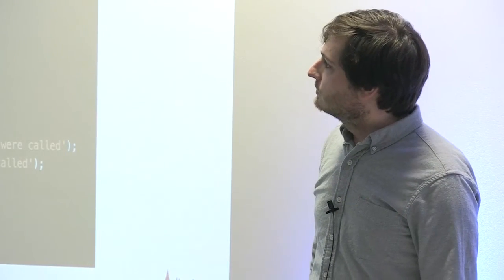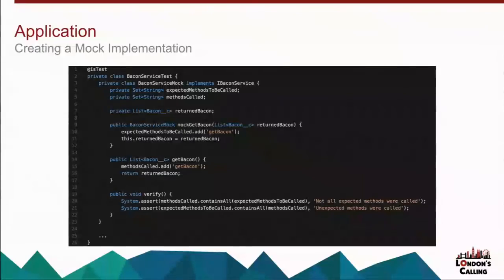So let's improve this. Let's move on to making a very, very basic mock. And as I say, don't use this in a production environment. This is just meant to demonstrate the sort of stuff that's actually happening within a mock. So there's a couple of little bits here. I've got this mock method here. What this allows me to do is actually change the return value of the method that I'm actually mocking.